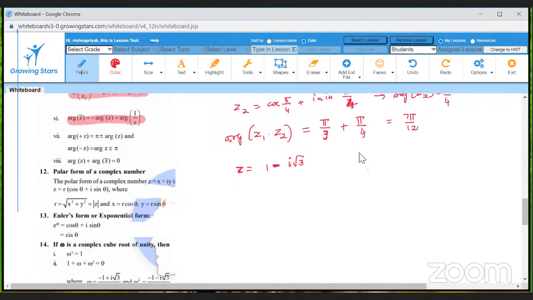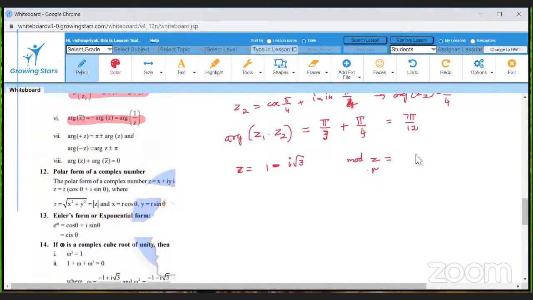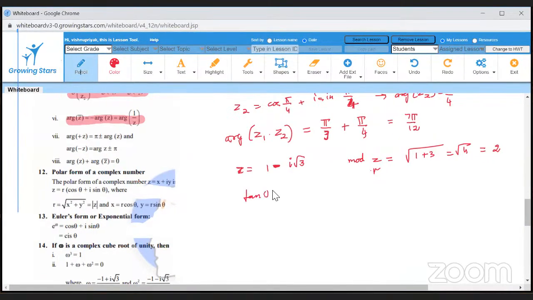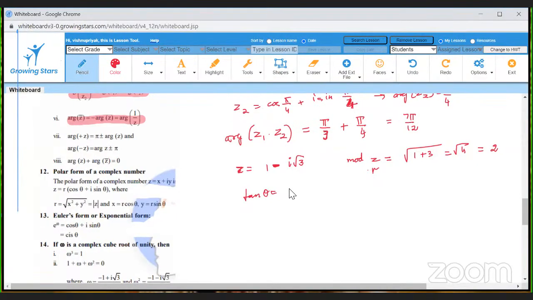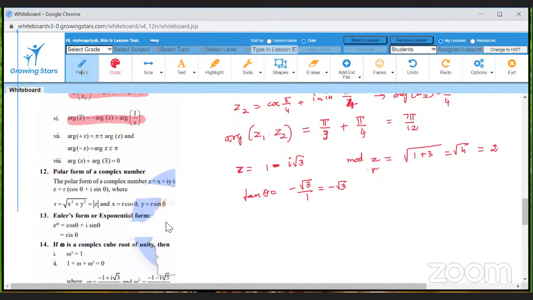So first, mod of Z you have to find. That is R you are finding. It will be square root of 1 plus 3, square root of 4, that is 2. Then amplitude: tan theta is B by A, minus root 3. I'm finding minus root 3 for tan theta.